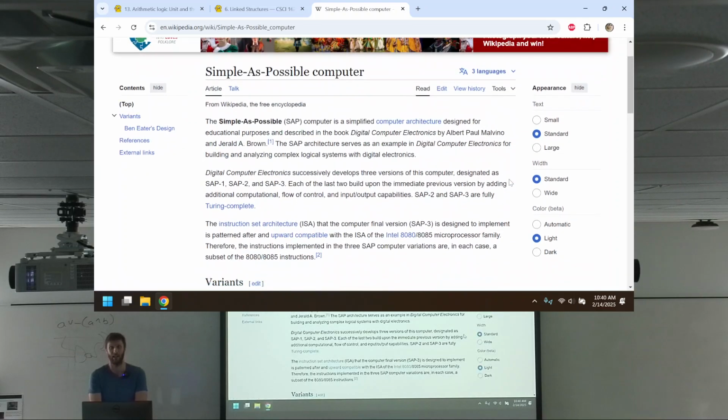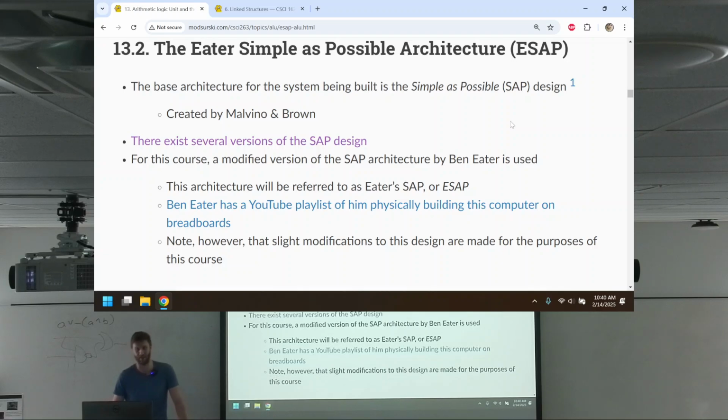It is a computer architecture design that is designed to be as simple as possible. There are technically simpler ones depending on your definition of simple, but this is our simple as possible design. And it was created by Malvino and Brown, right? This is going to be what we're working towards.